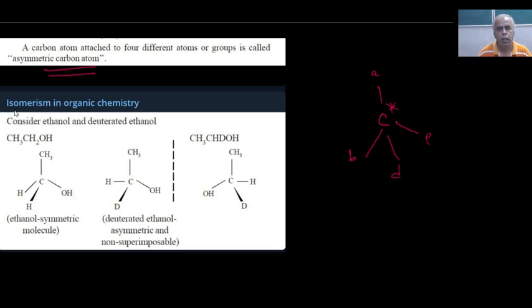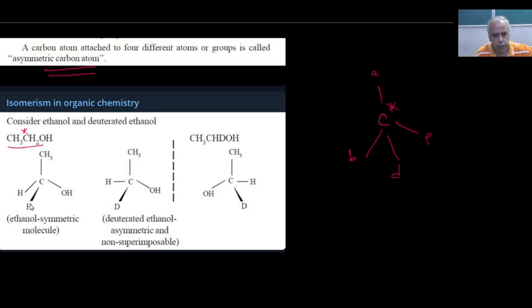Okay, right. And not only that condition, but there are so many conditions. Let me explain about this first. So in this case, let me consider ethanol, CH3CH2OH, where C, that is the second carbon atom. You just check whether it has got any asymmetric behavior.